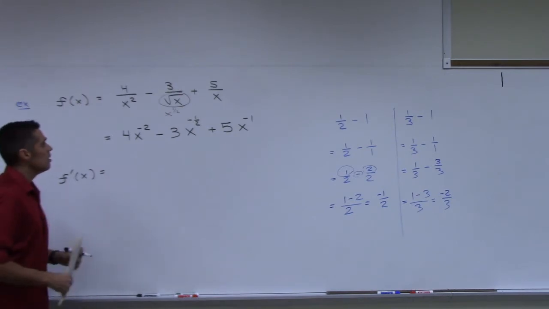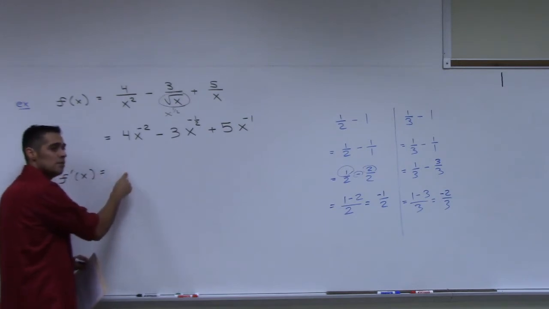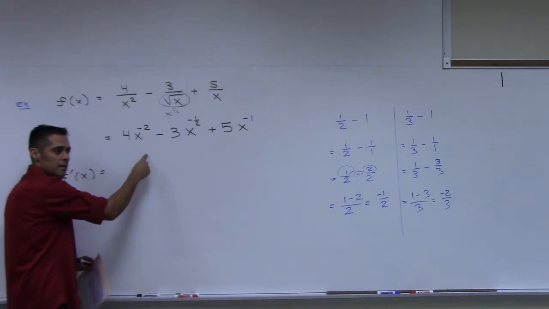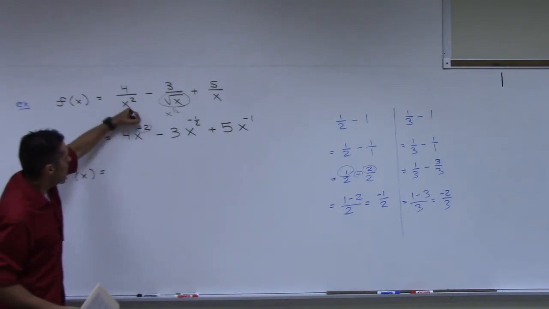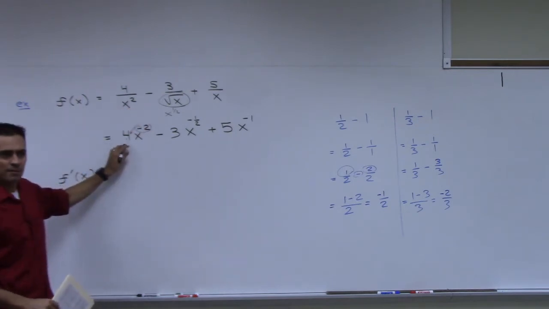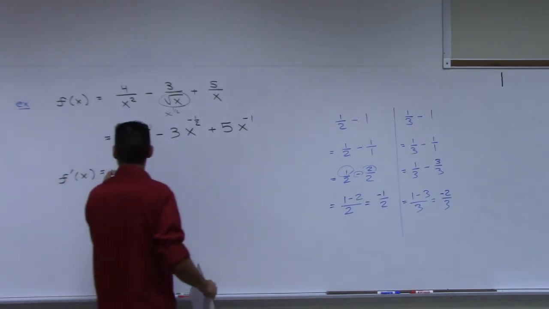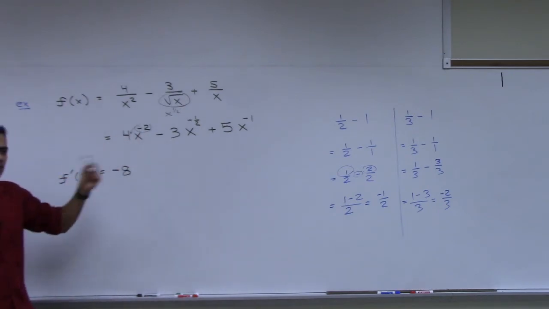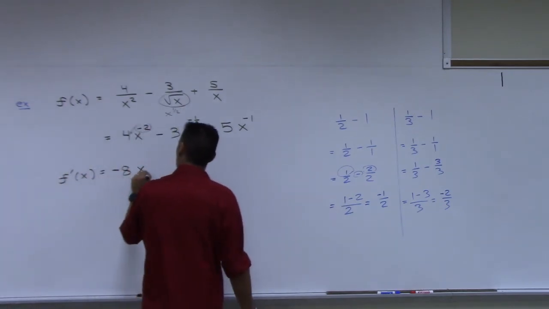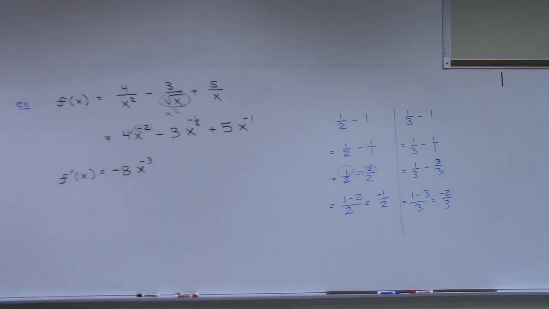There you go. If we're going to write all the detail out, I would write 4 times negative 2 times x to the negative 3. But now that we've started to do this a little bit more, we realize that when that negative 2 comes out front, it's going to multiply times that 4. So why don't I just do the multiplication and write negative 8? Is that okay? That's negative 8, and then you said just x to the negative 3. Now, if you still want to write the intermediate step, that's fine.